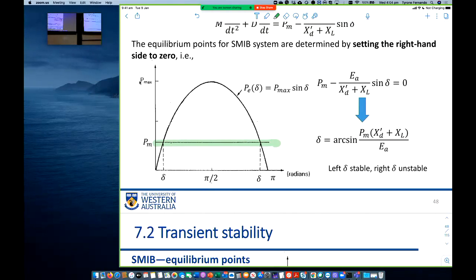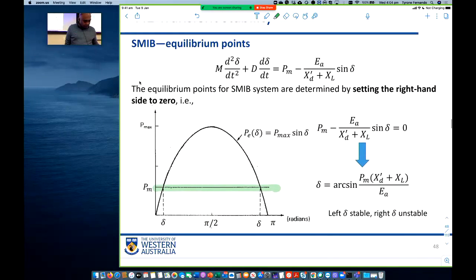And the electrical power has this curve: we've determined the value of P max, and we have sine delta. So what does that mean? In steady state, delta doesn't change, all the derivative terms on the left hand side are 0. So electrical power and mechanical power must be the same, so it must be operating at this intersection point.